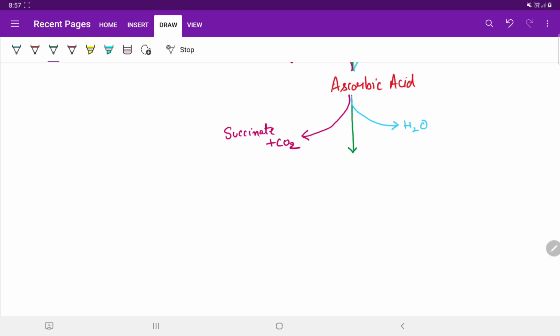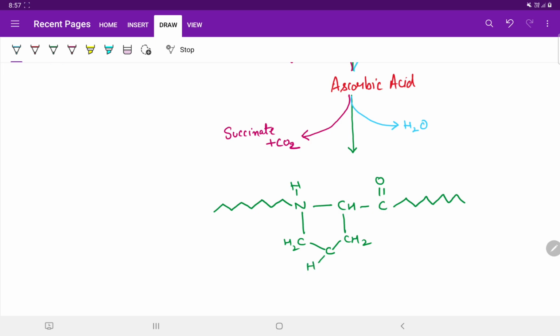So, how does this form? The structure is similar to the precursor of the proline containing protocollagen. So, here you can see an addition of one OH group, and this is the hydroxyproline.